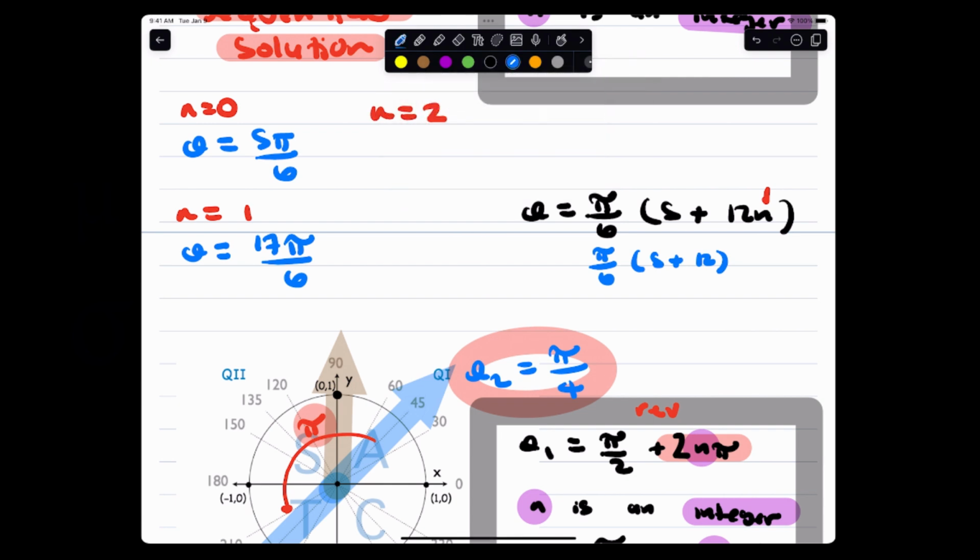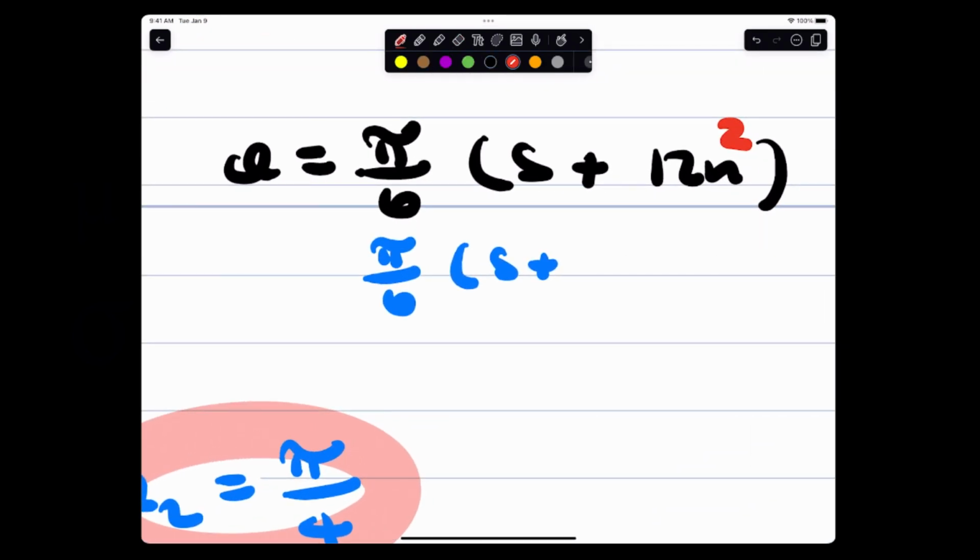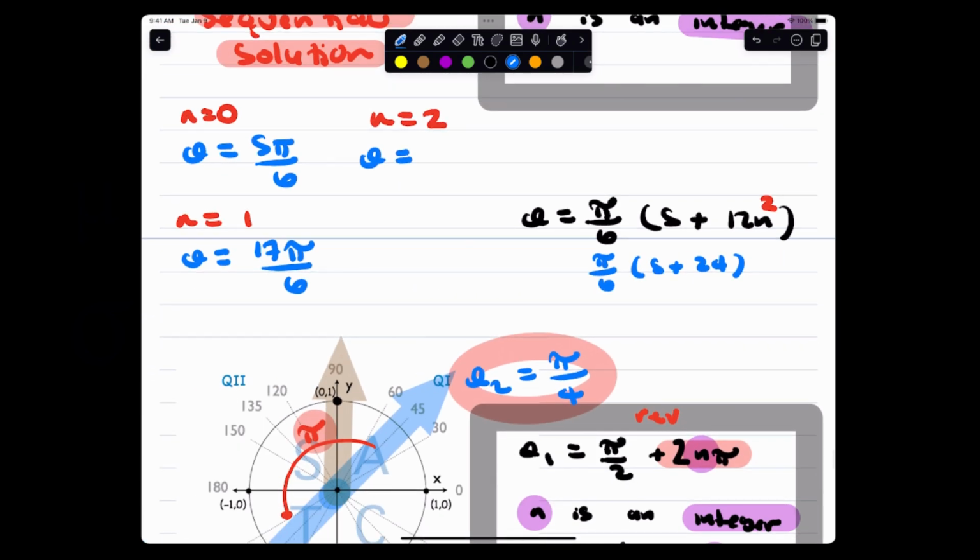What happens now when n is 2? What's 2 times 12? Is that 24? Well, then what's 5 plus 24? 29. So you say, okay, this will be 29 pi over 6.